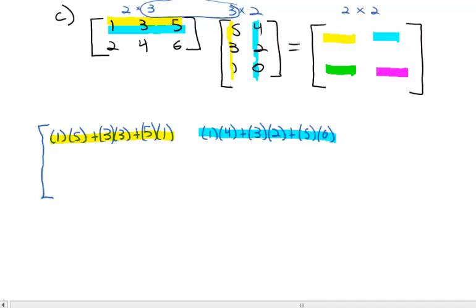Now in green. Now we're on the second row, first column. So multiplying the second row times the first column, 2 times 5 plus 4 times 3 plus 6 times 1. That's the second row, first column.